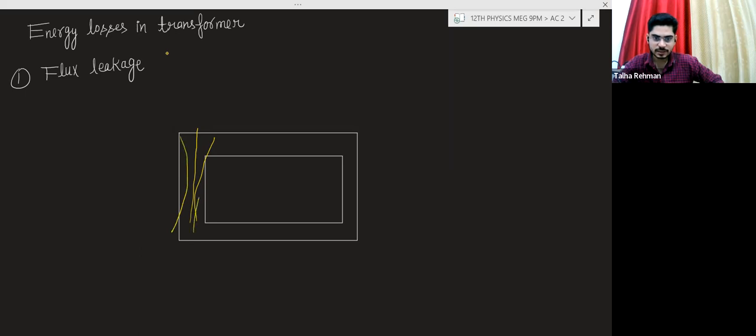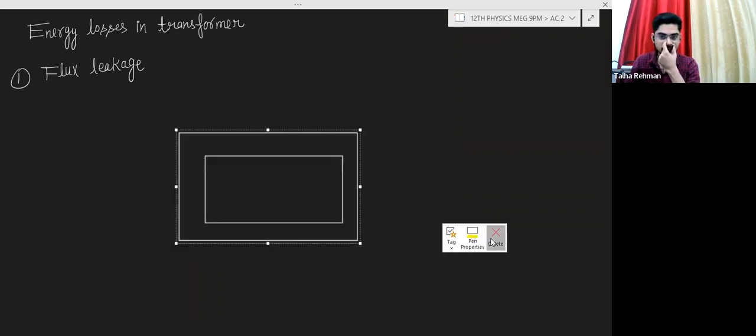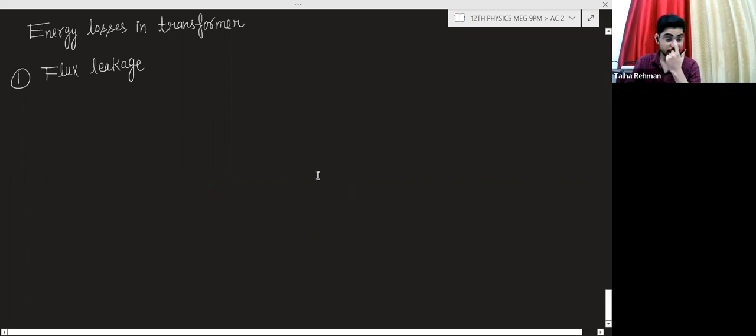So there will be some flux leakage, meaning some magnetic field lines are outside of this core. Why? Because in actuality magnetic field lines are curved lines. That is the flux leakage, leaking of flux.